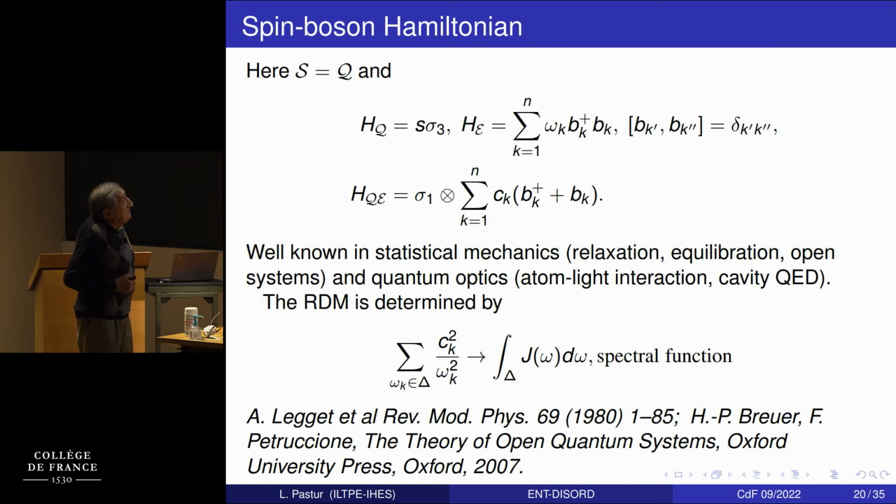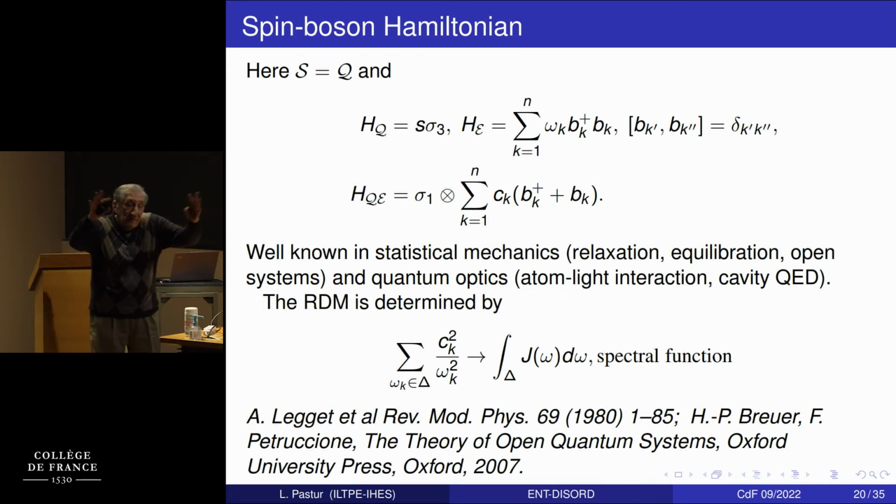Here is in fact a very simple story. It's the product of sigma 1 and the coordinate of this boson field. It's quite a simple thing, and you can take the limit n to infinity.